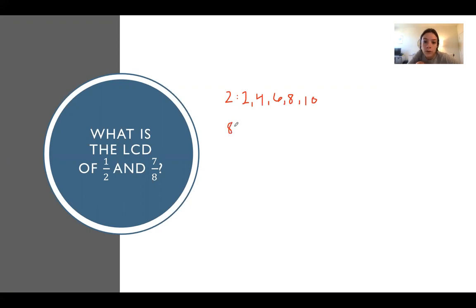And then some multiples of 8 are 8, 16, 24. And now we see that 2 goes into 8, and obviously 8 goes into 8, so the least common denominator of 1 over 2 and 7 over 8 is going to be 8.